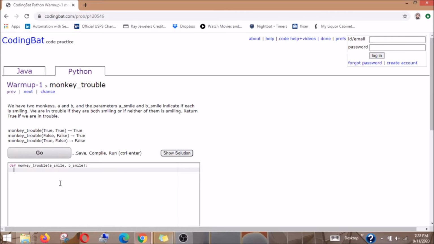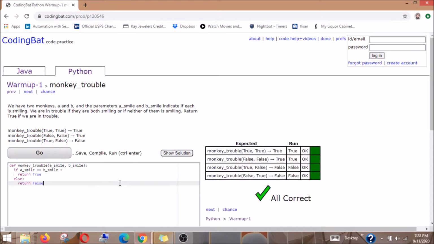So if a_smile and b_smile are both true, rather than doing this, let's try the equal to sign if that can work. Return true, else return false. Let's see. Yep, that worked.